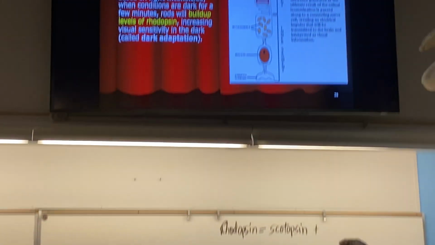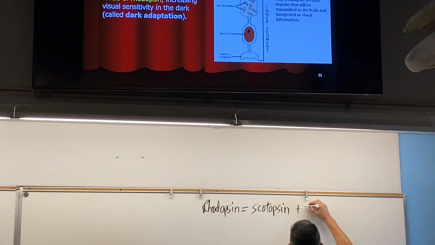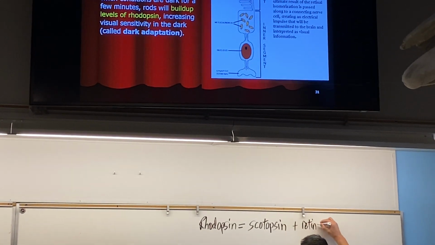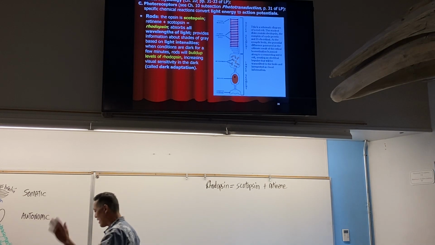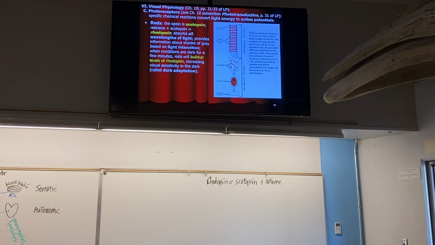A plus B equals the photopigment. And all the chromophores for all of them is the same thing, retinine. In the case of rods, it's retinine plus scotopsin, the protein, equals rhodopsin, the photopigment.